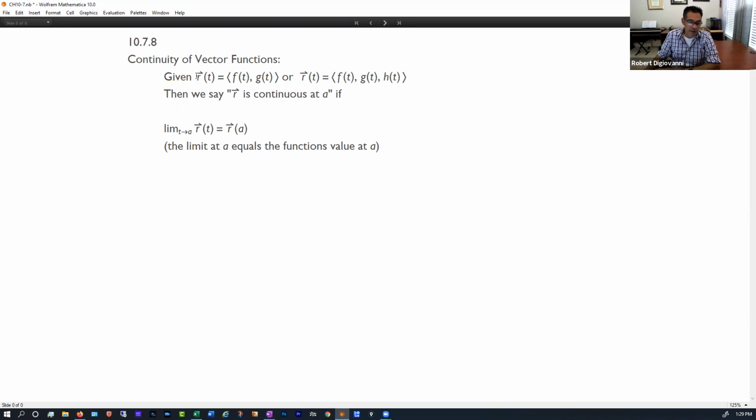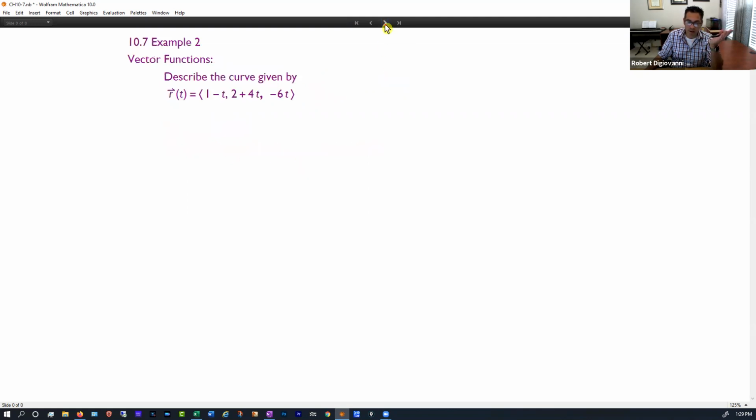If we have a vector function, whether 2-dimensional or 3-dimensional, to say that it's continuous at a point A means that the limit of that vector function is equal to the value of the function at A. That's the exact same definition from Cal 1, except instead of a vector function, we had just f of x. So the limit at A equals the function's value. There's not a whole lot more to discuss; that's just a definition.